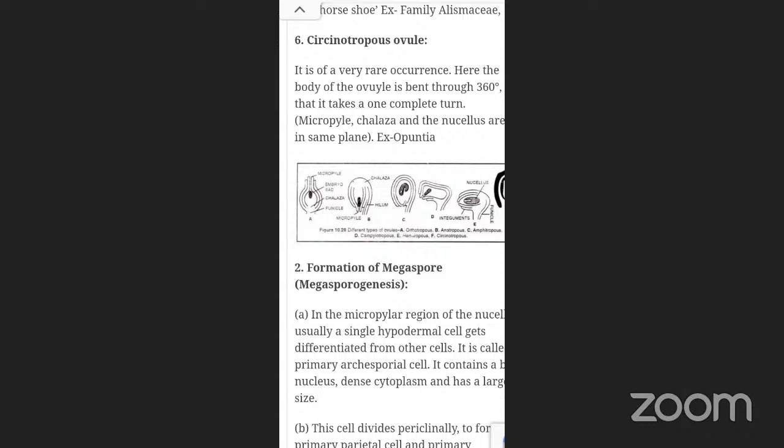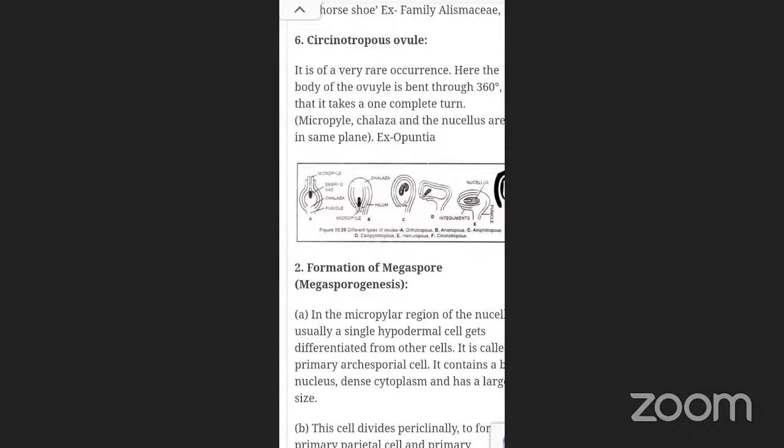In most cases the endothelium is differentiated at the time of megaspore tetrad formation. So as the ovule grows, the nucellar epidermis degenerates and the embryo sac comes into direct contact with the endothelium.